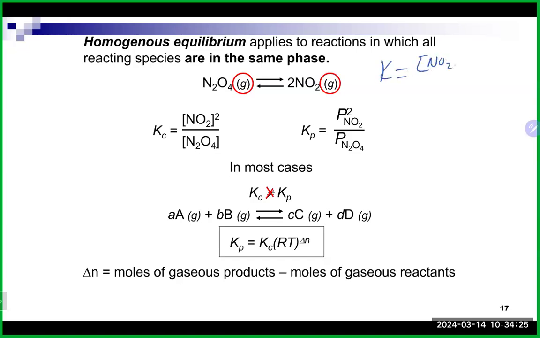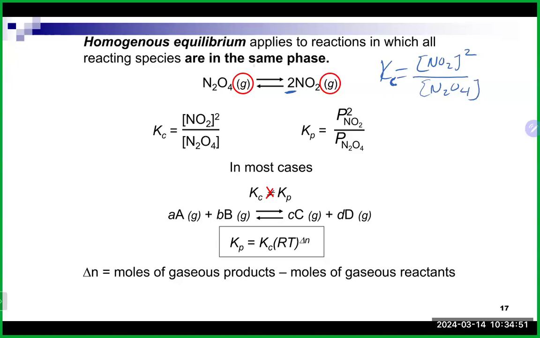So here we would take our NO2 and square it because of the coefficient, and divide it by N2O4. And at this point, this is what is sometimes referred to as Kc, our first of many Ks. I'm going to go with C for concentration because it seems like that might be what it means. That is when we are writing an equilibrium expression using concentrations.